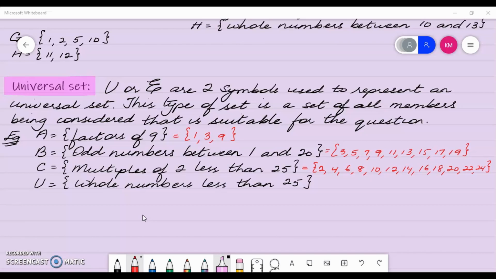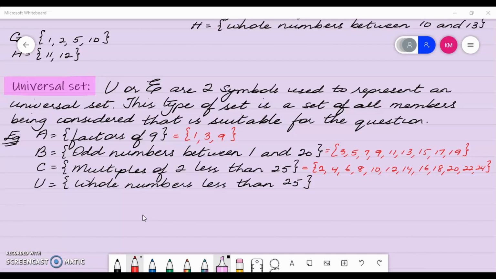Now, I'm not going to come up with a universal set like all the counting numbers, right? Because that is not going to be suitable for this question, because I'm only considering numbers that are less than 25. So I'm not going to write the universal set as all our counting numbers.